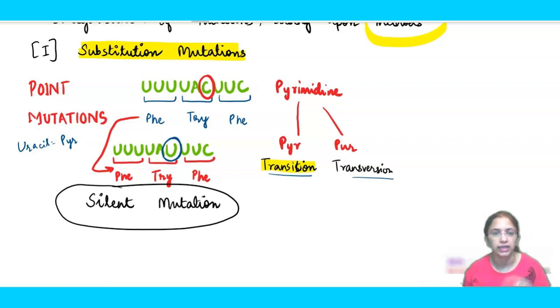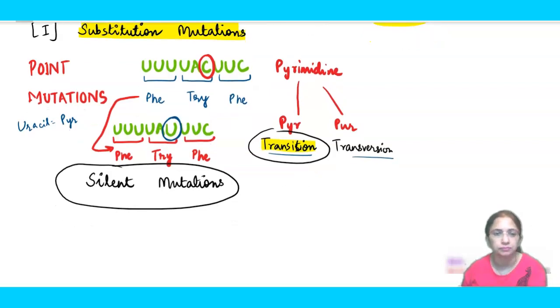You can see that we have done transition here. C has been substituted by uracil. Both are examples of pyrimidine, and this has not affected our amino acid sequence in a polypeptide. So such types of mutations are also known as silent mutations because they are not affecting the amino acid sequence in a polypeptide.